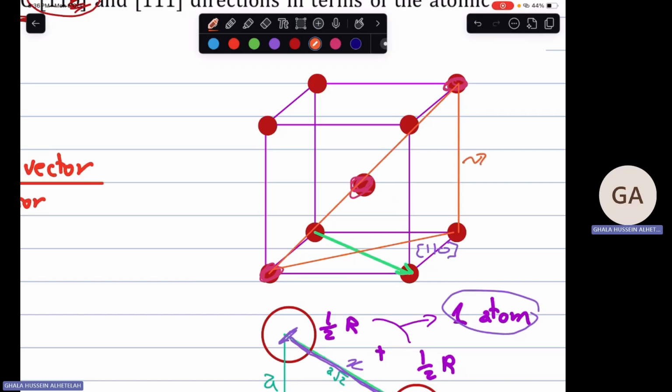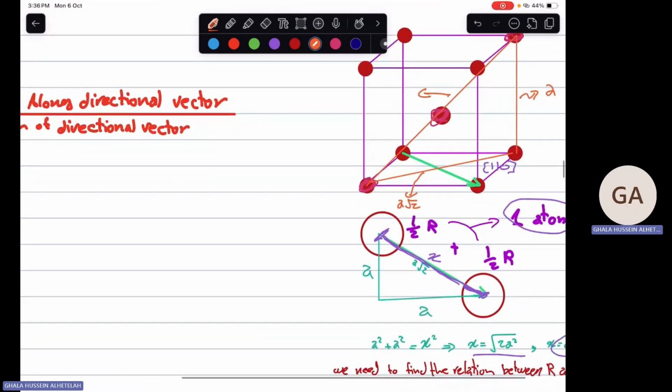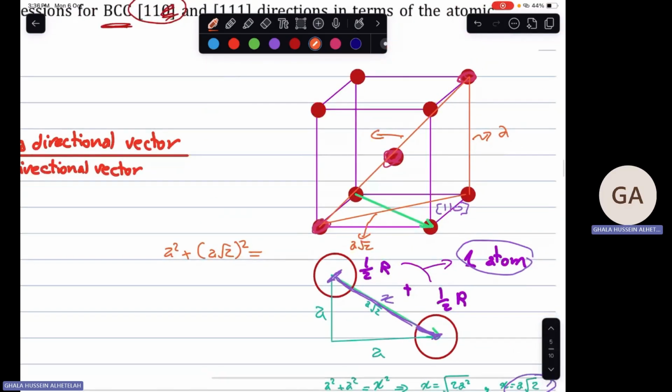Okay, we know that this is a, and we just found that this is a square root of 2, and we need to find this one. How can we find this one? Just basically with the Pythagoras theorem. It is a squared plus square root of 2a squared is equal to, how many atoms do we have here? We have here half, here half, here half, and here one atom. So 2r here, 2r, and here r, and here r, which means we have 4r, all squared.